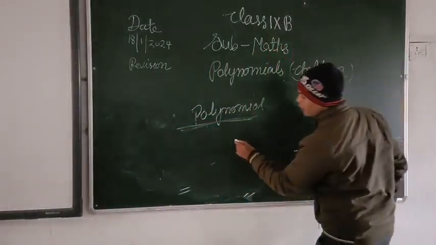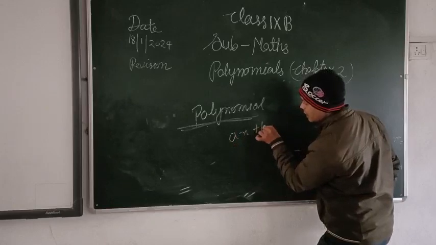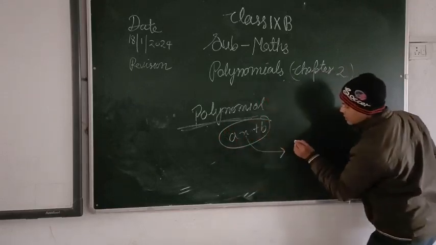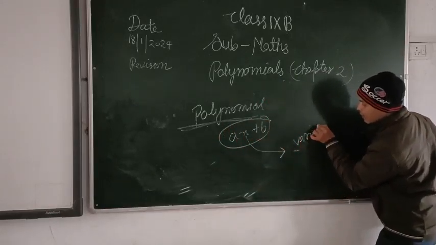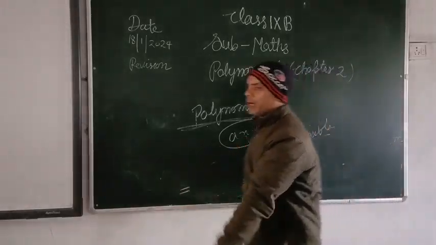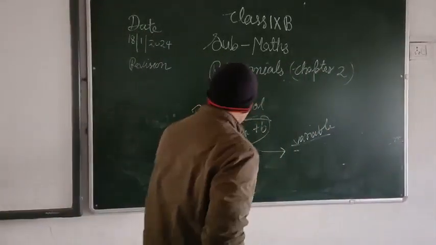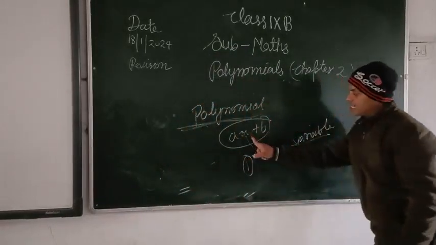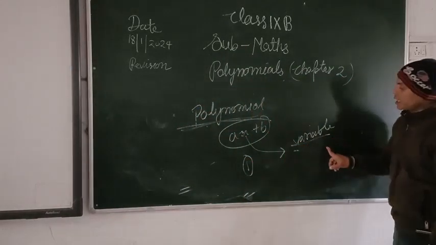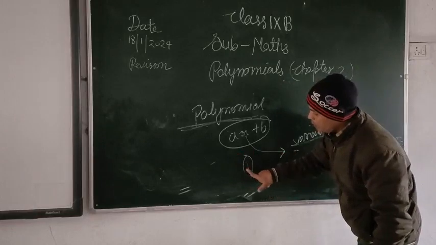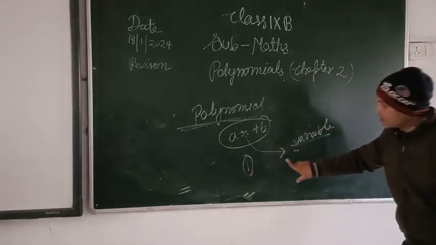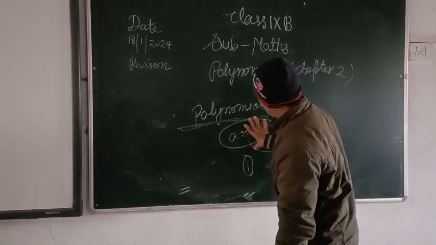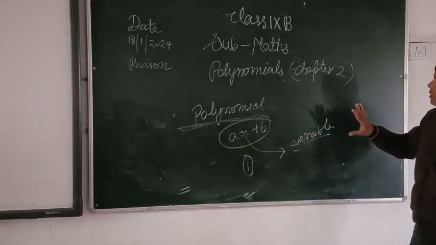For example, if we are taking ax plus b, it is polynomial because here x is known as variable. So what is the power of variable? Power of x is 1 here, so we can say that 1 is positive number or negative number? So answer is positive number. So that's why it is known as polynomial, because power of variable is positive.